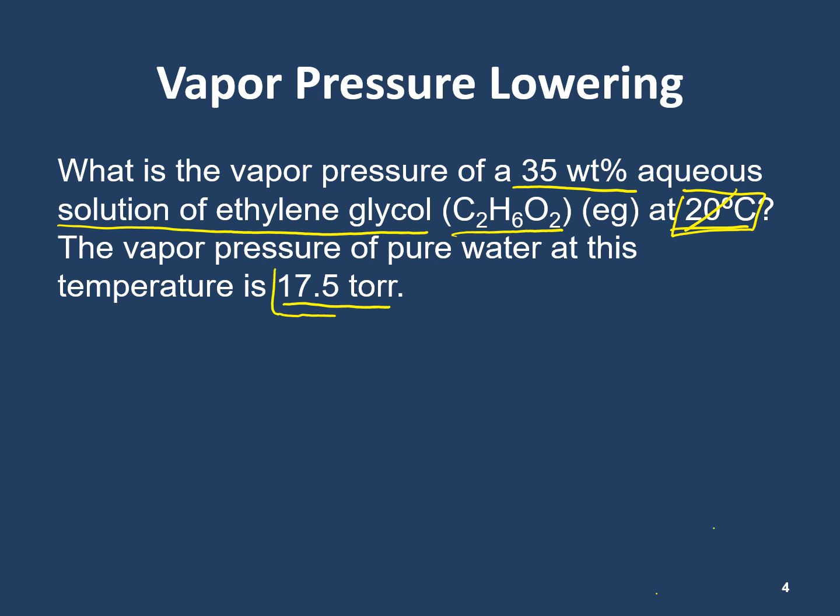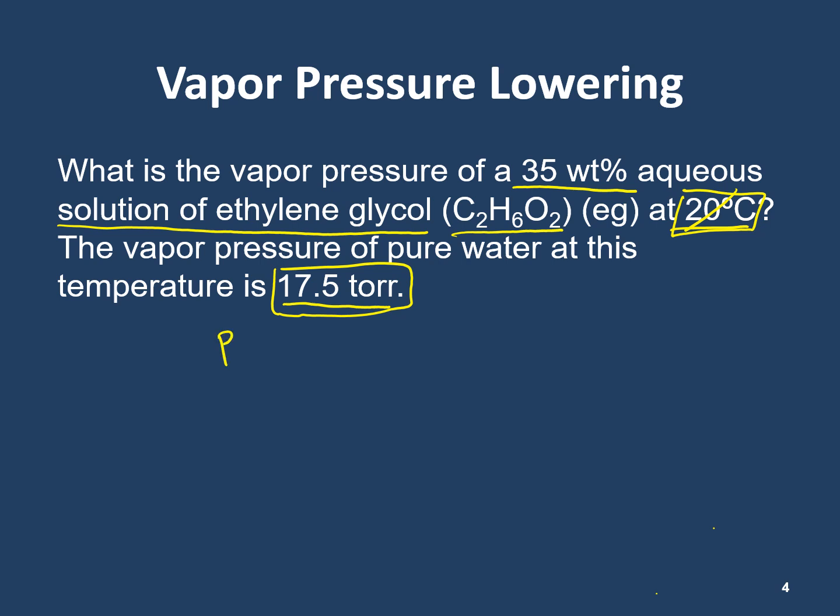And it's this number here, the pure vapor pressure of water, that gives us a clue that water is our volatile component, while ethylene glycol is not. We do not have a pure vapor pressure for ethylene glycol, which leads us to assume that it does not have a significant vapor pressure.